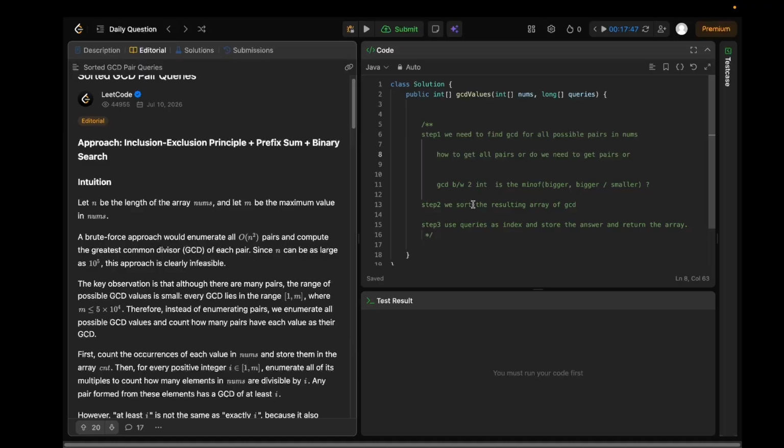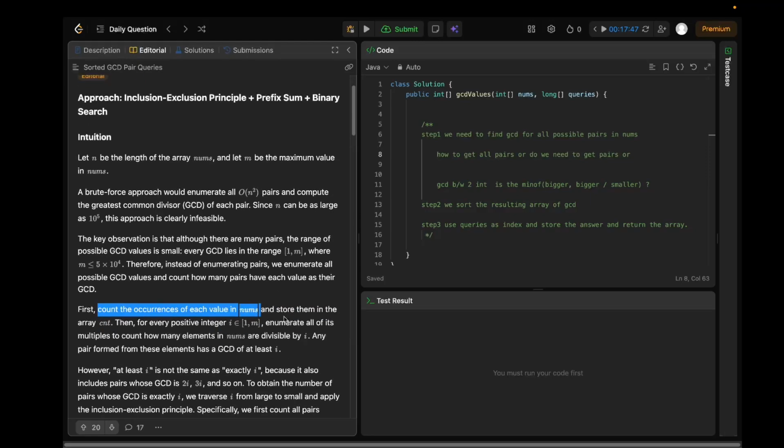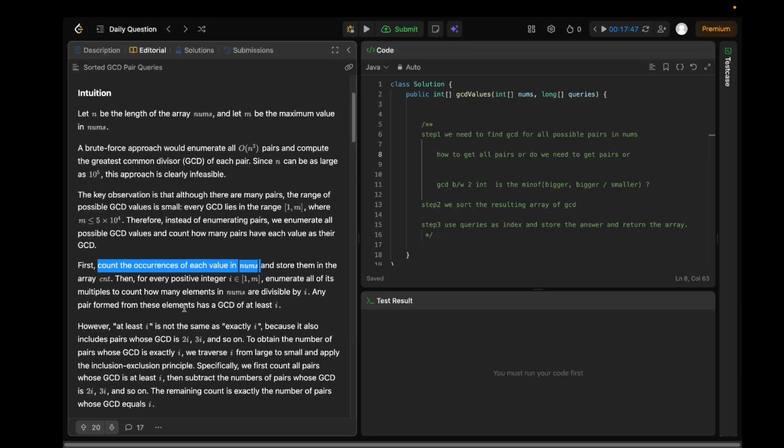So what's happening here is we create a frequency array and store every count. Then for every possible integer i we enumerate all of its multiples to count how many elements in nums are divisible by i. Any pair formed has a GCD divisible by i, but at least i is not exactly the GCD.